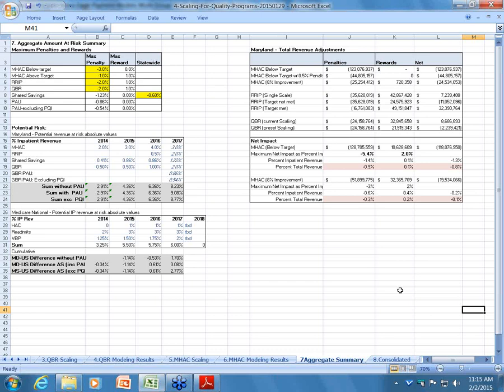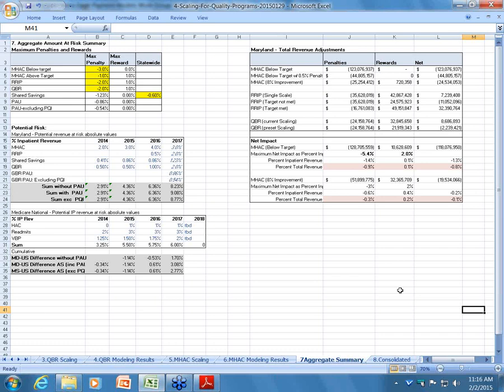A couple of questions on the left-hand side of this page. First, when we talk about inpatient amount, the inpatient revenue that we have at risk is all of our inpatient revenue.